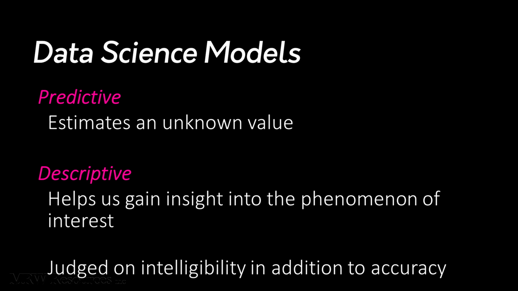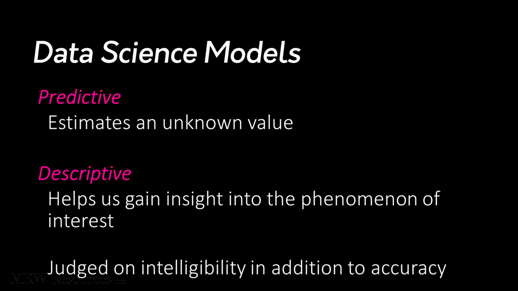So things like credit scoring, spam filtering, fraud detection, and predicting the likelihood of churn are all examples of predictive models. Generally, predictive models can be categorized as either classification or class probability problems, or regression problems, estimating a value.